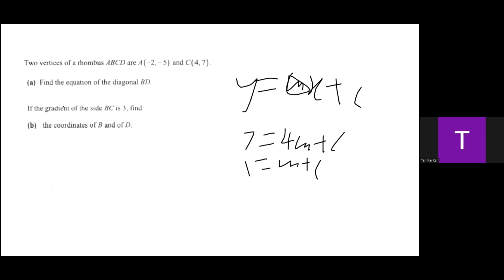We find the value of m by using this formula, which becomes 1 minus c equals m.